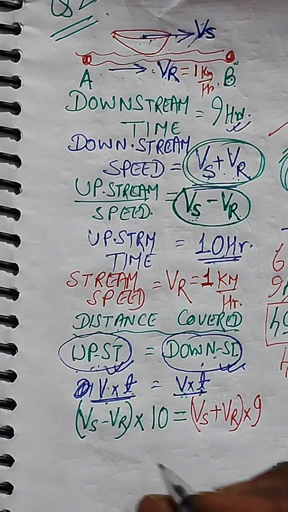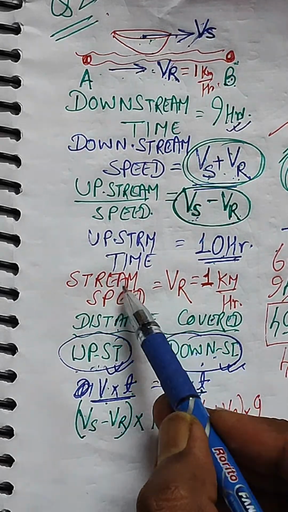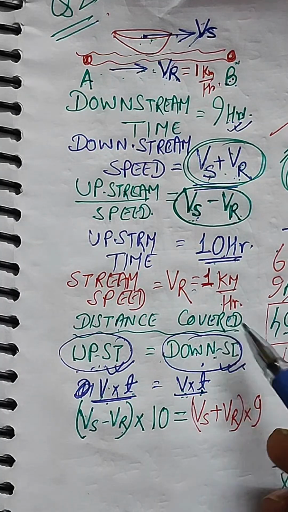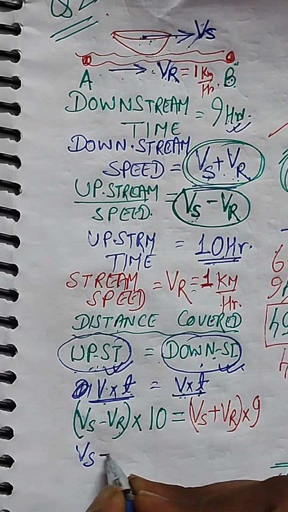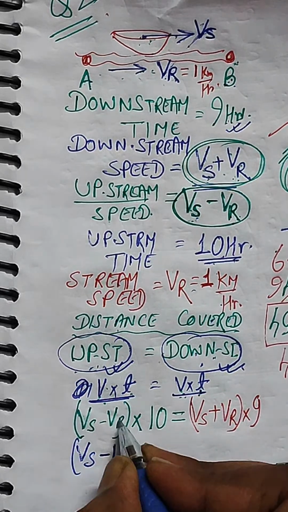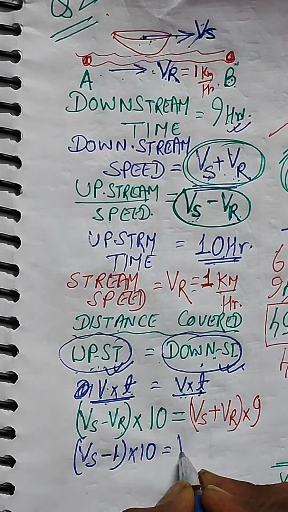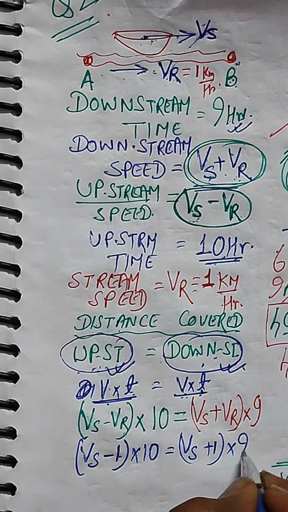Now you can simply solve it because you know the velocity of Vr, that is the stream speed, given to you as 1 kilometer per hour. So putting the value, Vs minus 1 into 10 equals Vs plus 1 into 9.